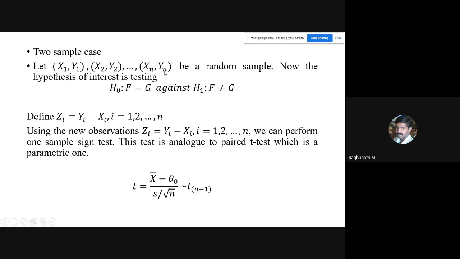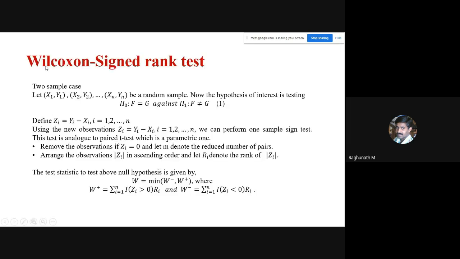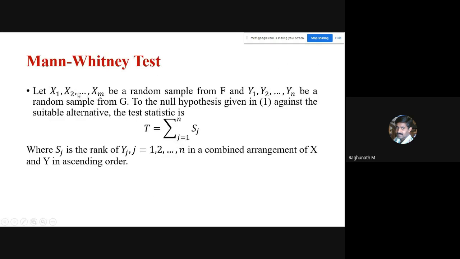Suppose the sample sizes are different. I have x1, x2, up to xm as one group, and y1, y2, up to yn as another group, so I have two groups. Now I want to compare the distributions of these two groups. Then, as a generalization of the Wilcoxon signed rank test, instead of a paired sample we have a two sample case.